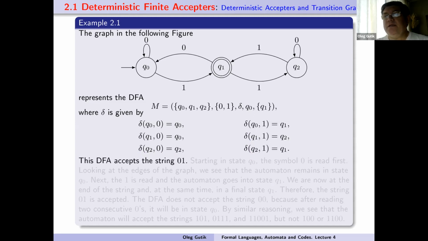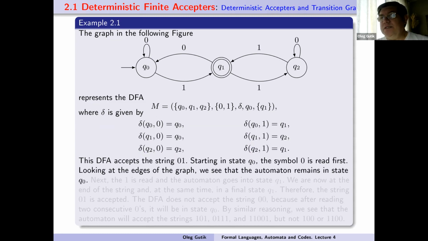This deterministic finite acceptor accepts the string 01. Starting in the state q0, the symbol 0 is read first. Looking at the edges of the graph, we see that the automaton remains in the state q0. Next, the symbol 1 is read and the automaton goes to the state q1.